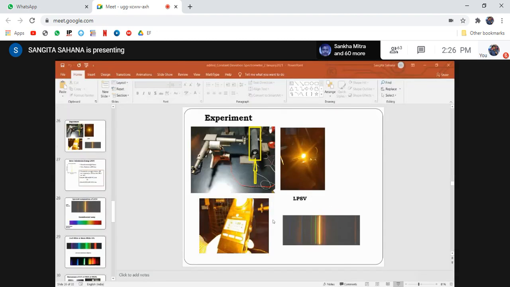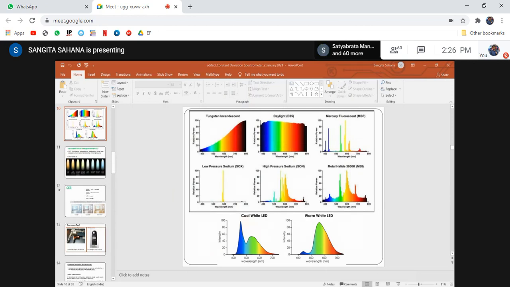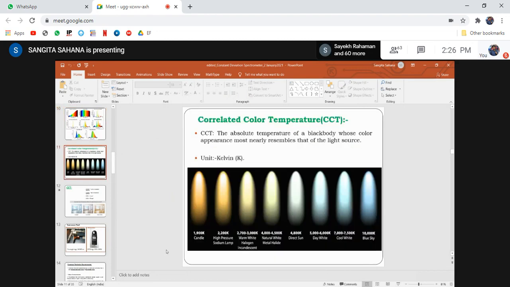Sir, in the case of an incandescent lamp, all the colors are diluted with each other. So only yellow or red colors are more prominent.